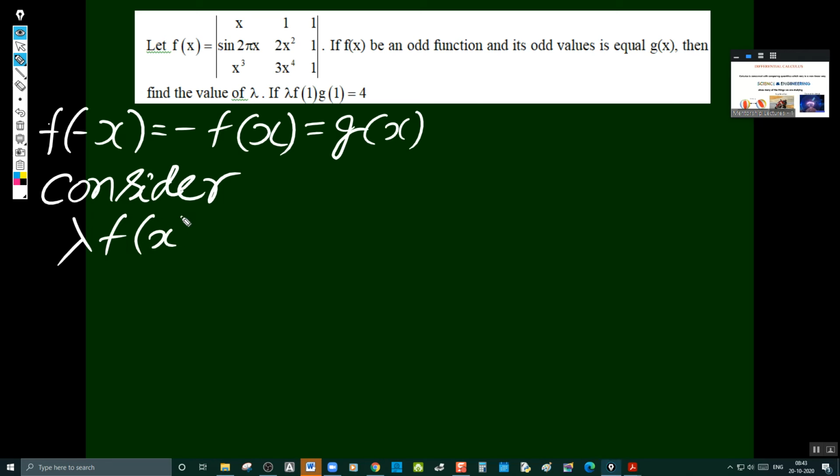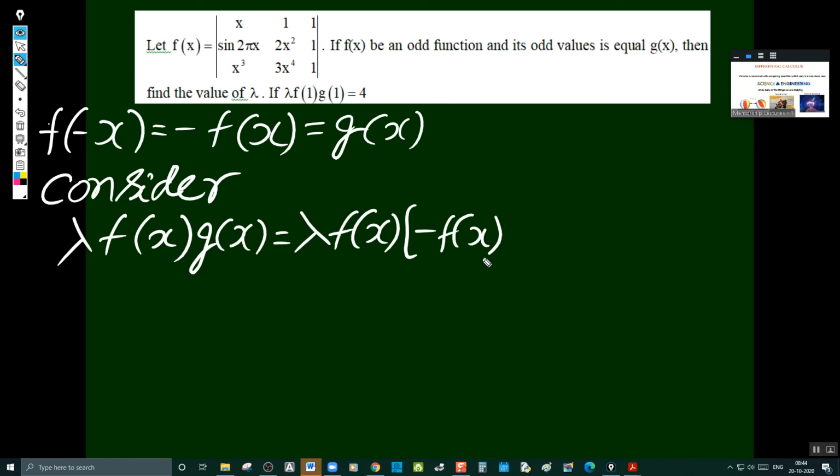Lambda into f of x into g of x. Instead of g of x, I can write minus f of x. So which becomes lambda into minus f of x whole square.